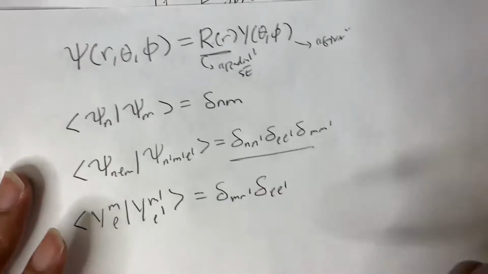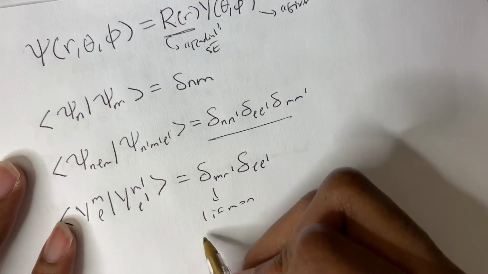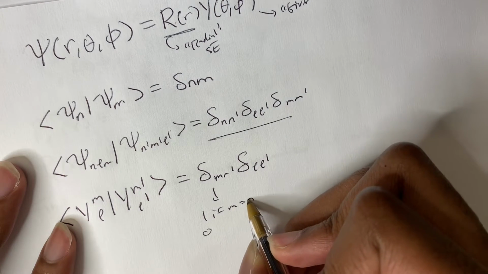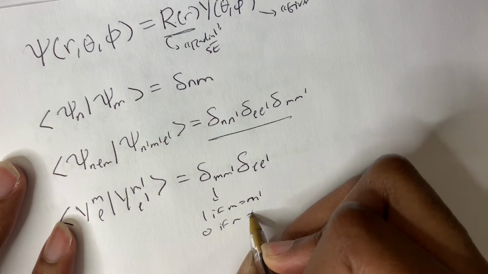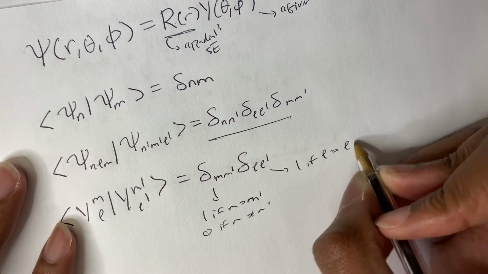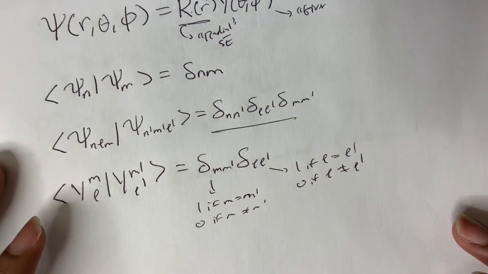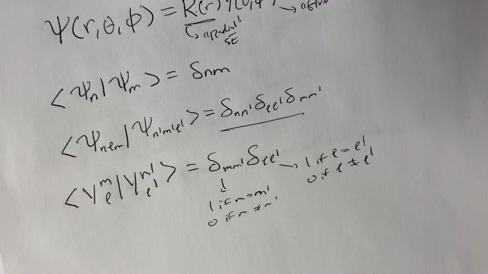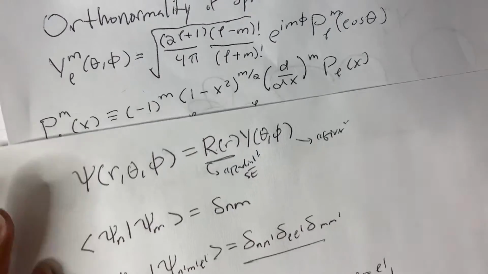Let me just remind you, this is 1 if m equals m prime, 0 if m does not equal m prime, and this is 1 if l equals l prime and 0 if l does not equal l prime. Okay? So the spherical harmonics have to be orthonormal.